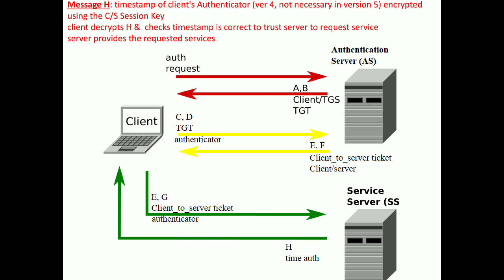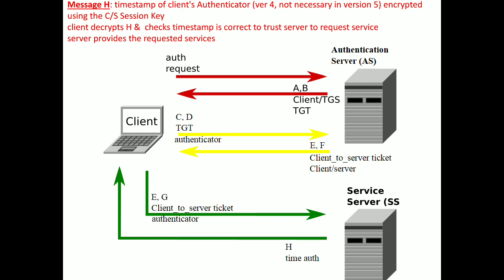Now this message H is actually an optional message, and it is used in version 4 but not necessary in version 5 of the Kerberos protocol. So this message H is sent as a final confirmation by the server where the resource is hosted to the client, and it contains the encrypted timestamp of the client's authenticator.